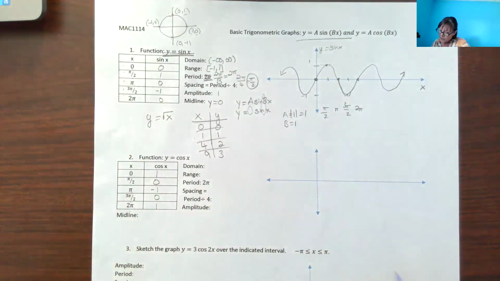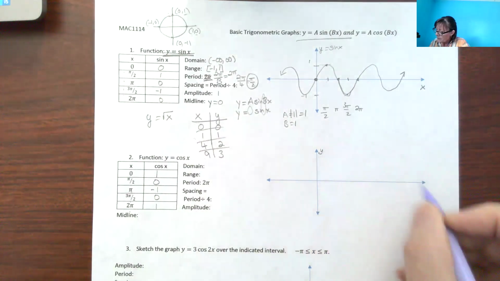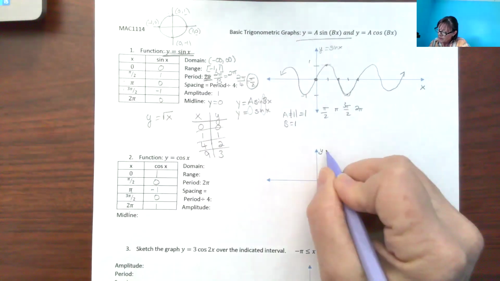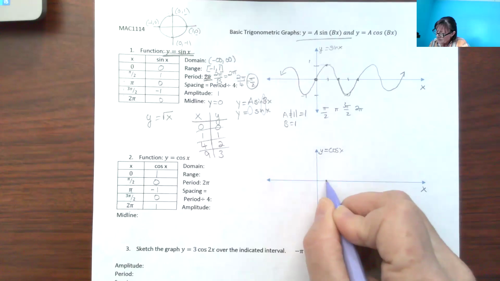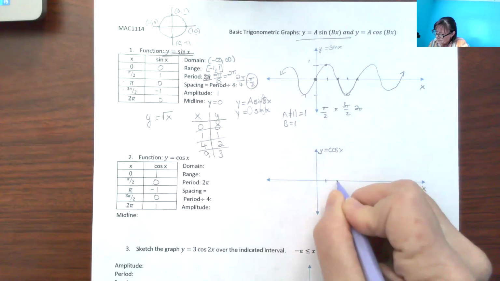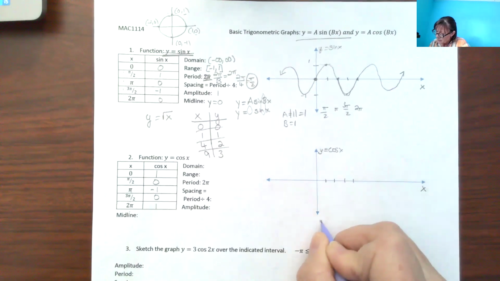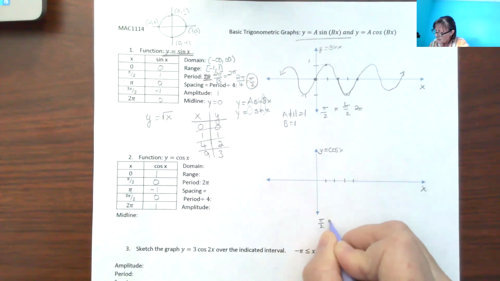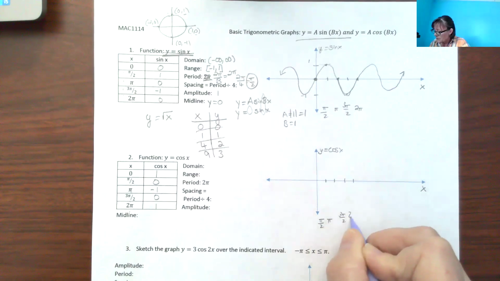All right, so let's go through and plot these. This is the y value, and this is the x value, and this is for the graph of cosine of x. So this is 0. I'm going to divide up my x-axis into pi over 2. This is pi. This is 3 pi over 2. This is 2 pi.